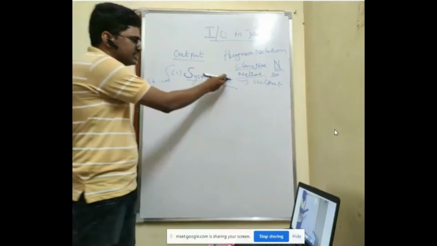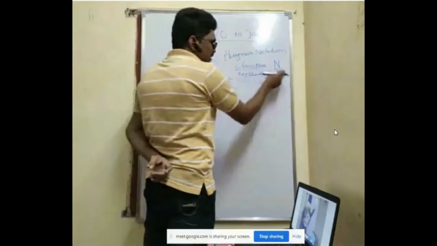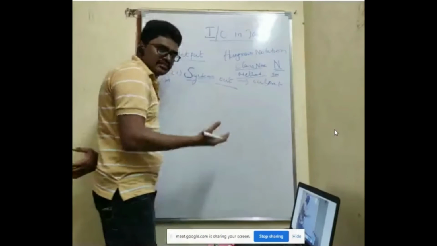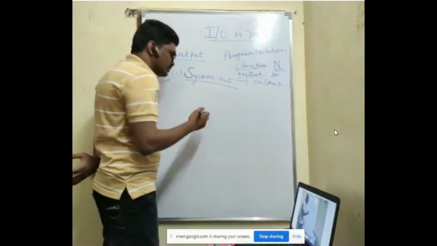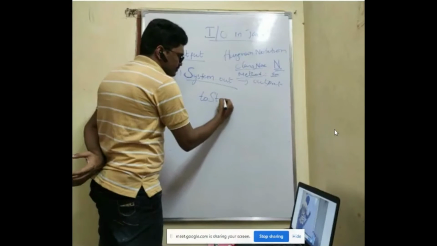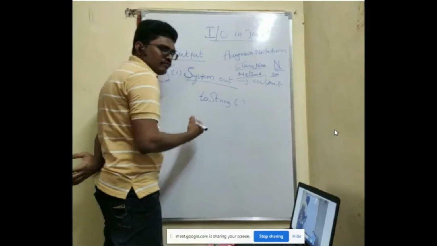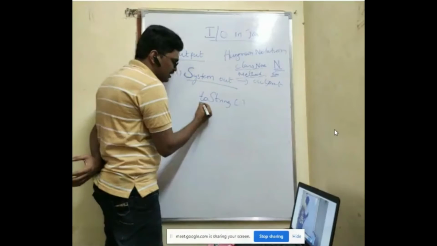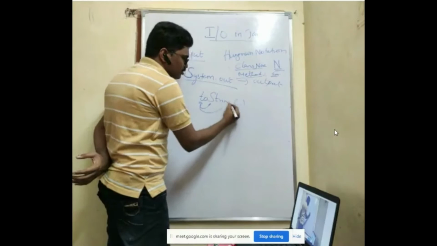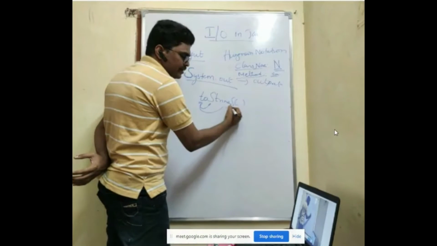Now, for a method the first letter will be small, but after that, for subsequent words, the first letter will be capital. Suppose I have a method like toString. This is a method in Java. The first letter is small, and in subsequent words the first letter will be capital. If I have another word, like toStringSample, the S will be small.